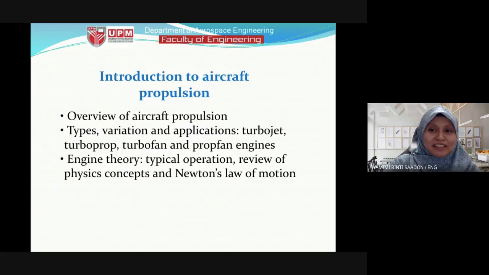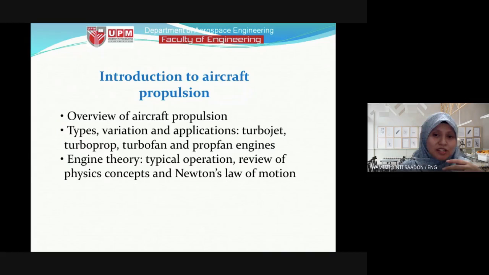Okay, the introduction of this course, aircraft propulsion. Basically it's the continuation from aerothermodynamics. It relates a lot with aerothermodynamics or thermodynamics in general, because we will learn about the engine, how the engine operates, until we get the power, thrust, etc. The first part is an introduction with the overview of aircraft propulsion.